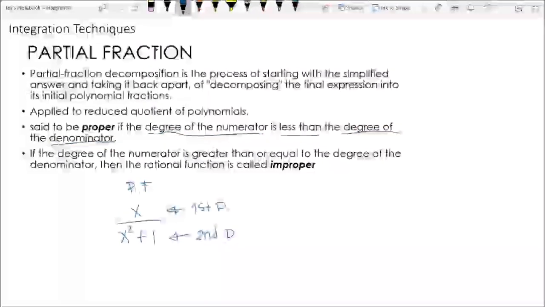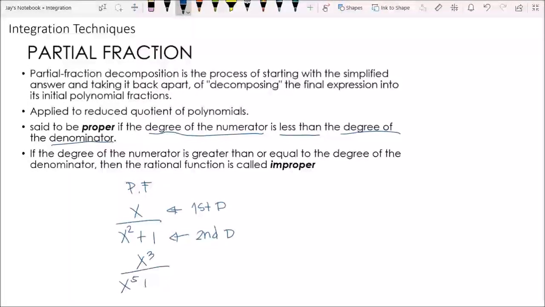We also have x cubed over x fifth plus x fourth plus 2. This is as well a proper fraction. We have third degree at the numerator and fifth degree at the denominator.